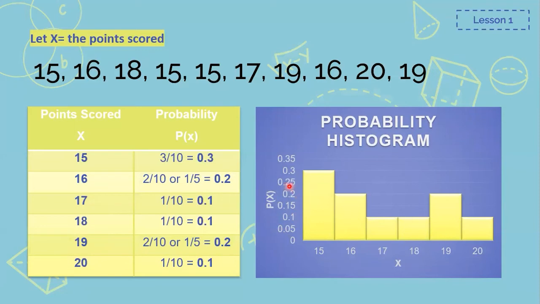In this case, we utilize the decimal. So we have here 15, then 0.3, 16, 0.2, 17 and 18, 0.1, 19, 0.2, and 20, 0.1.